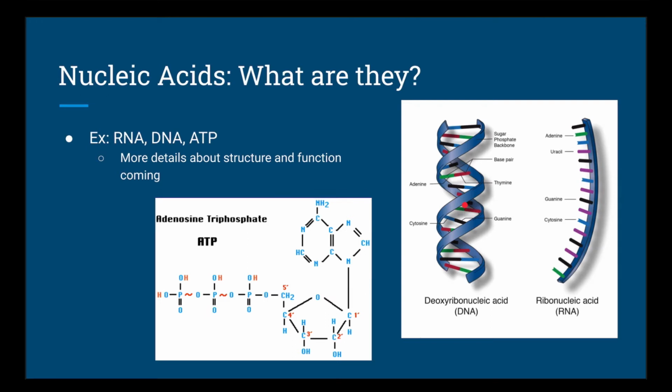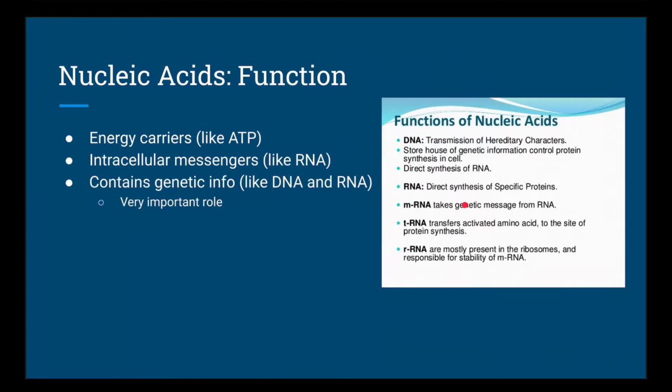These are the most common, most heard of nucleic acids, and as I mentioned before, not only are these nucleic acids important, but every single macromolecule is super, super important to the completion of many bodily functions that help us, for example, breathe, digest food. All of these macromolecules are really important for that.